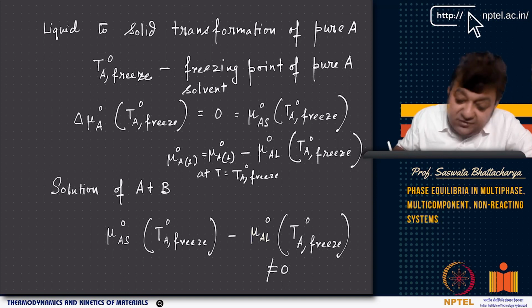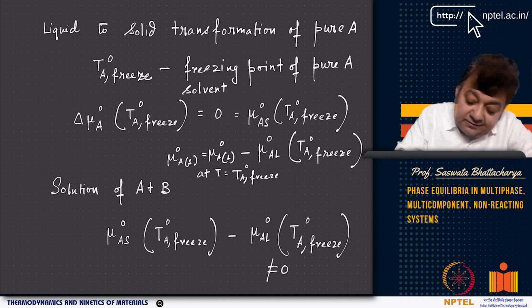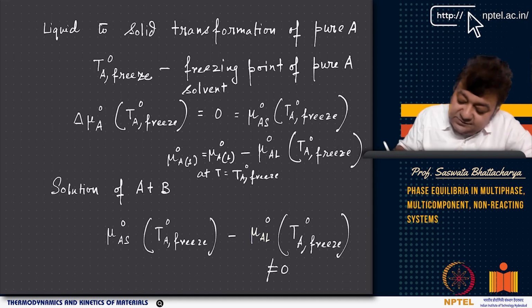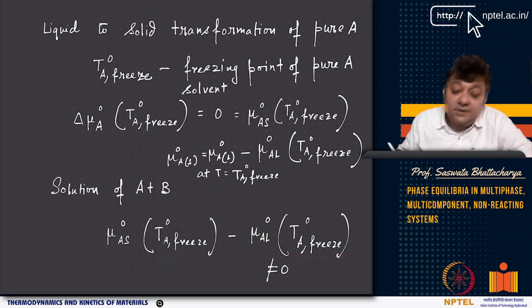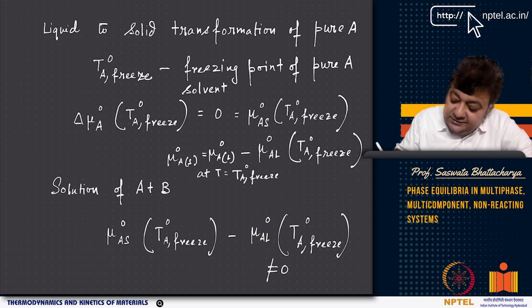Because T A 0 freeze is no longer the freezing point. As soon as you have a solution of A and B, as soon as the B solute is entering the solution, T A 0 freeze is no longer the freezing point of the solution. The freezing point is different. Even if we think of the solid-liquid coexistence of the pure state, meaning pure A, it is not really pure A, because you have a little amount of solute here.